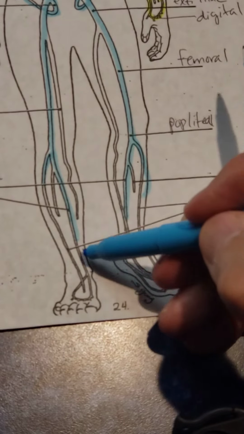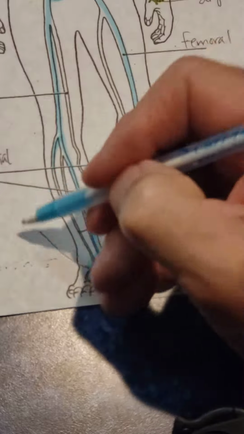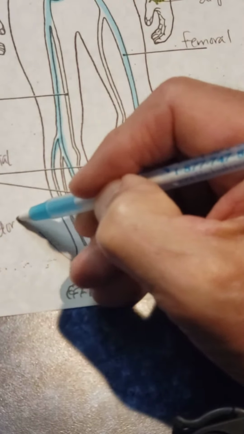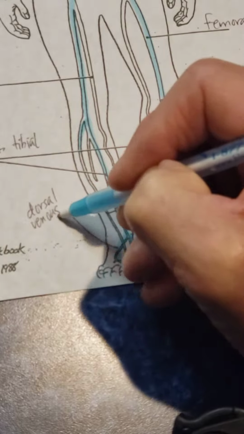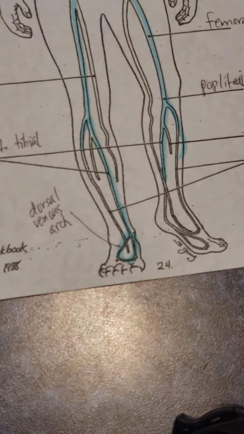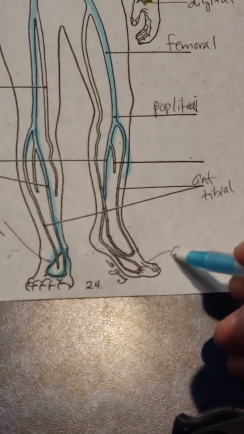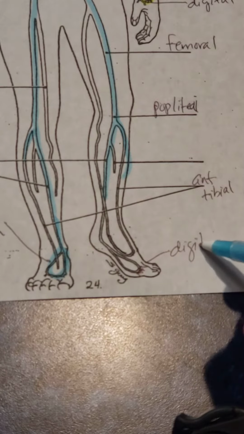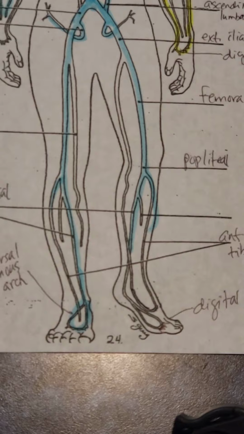The one going right across the top of the foot is named the dorsal venous arch. So that's the dorsal venous arch right there. And then going to our toes, we have digital veins as well.